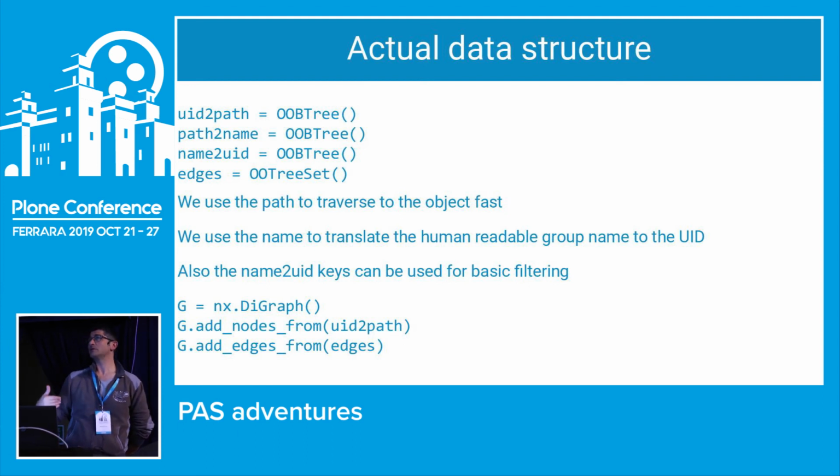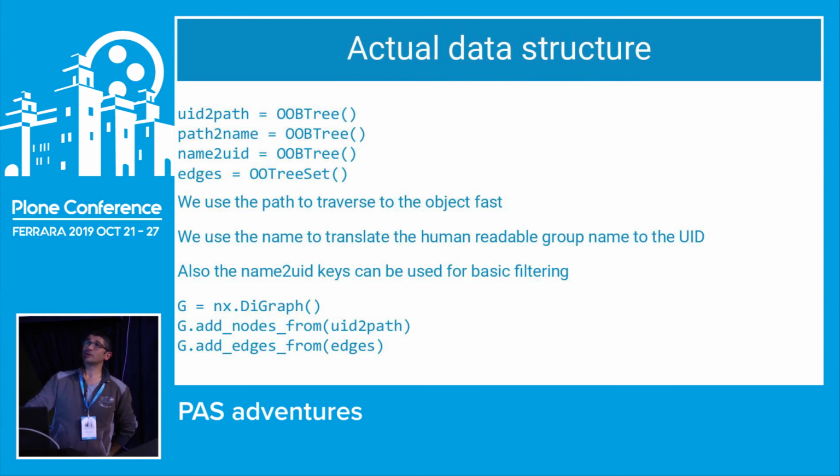So if we wanted, we could resolve the original object pretty fast and get all the information we wanted by traversing to the object. We also had another mapping that was taking the path and transforming it into the name. Also, this one was a B-tree. And then we had a third mapping that was finally mapping the name back to the UID. So we had this kind of circular reference between those three objects.